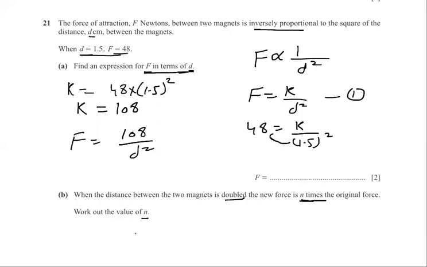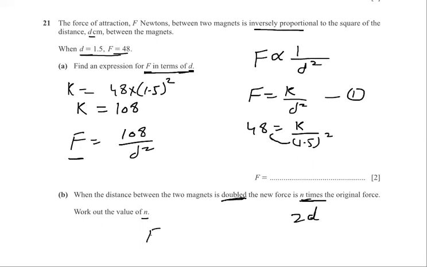So to work out the value of n, what do I have to do? The condition is that the distance is doubled. Let's say the original distance was d, what will the double distance be? The double distance will become 2d. The force becomes n times the original force. This is the original force.